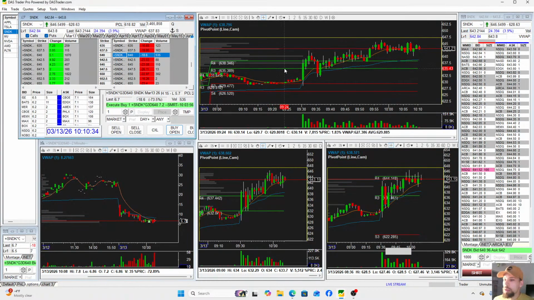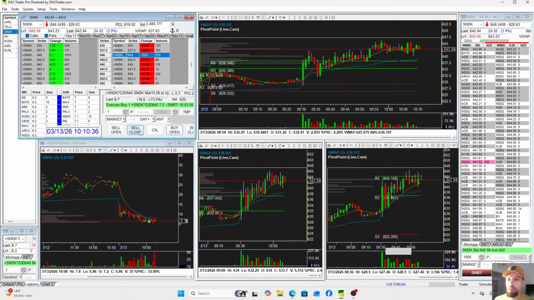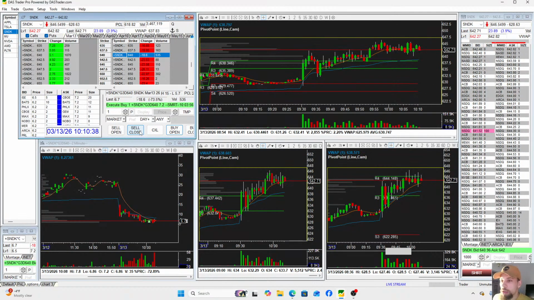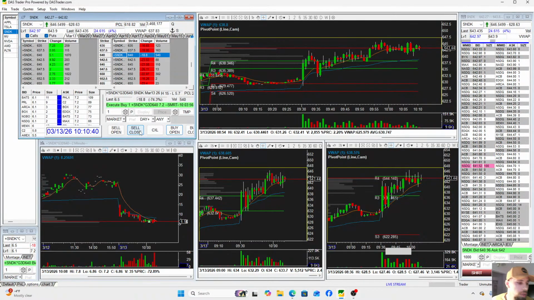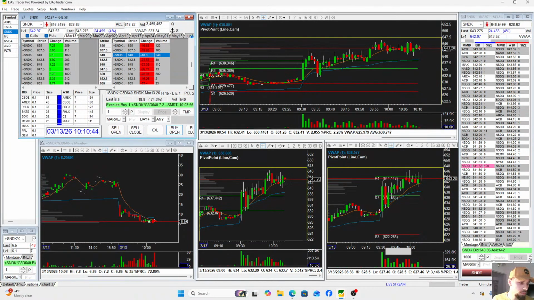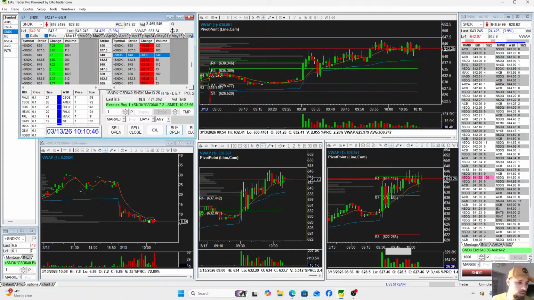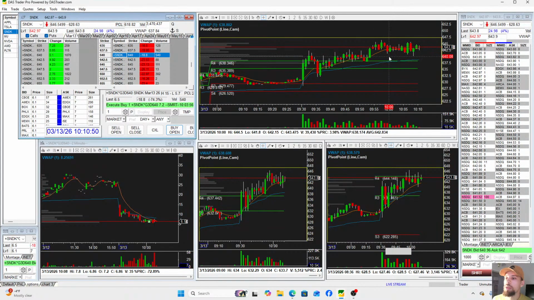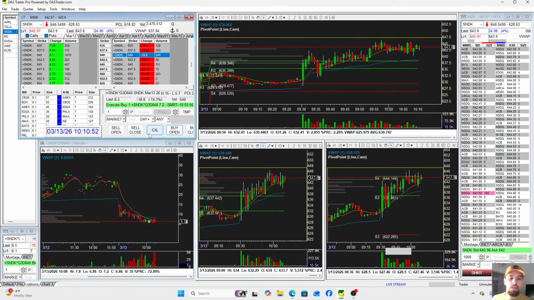SPY's moving down. I would love to see SanDisk feel some of that momentum and go down. Nice bid order at 641.5. Still just going sideways though.